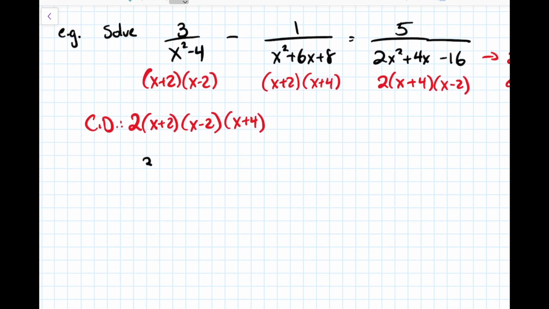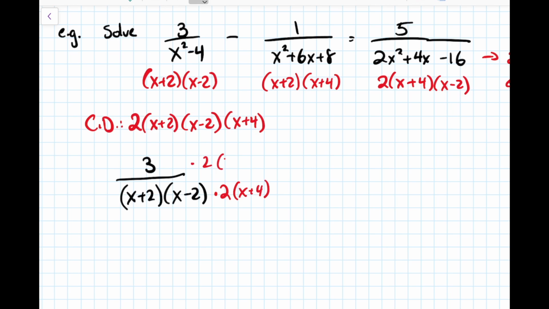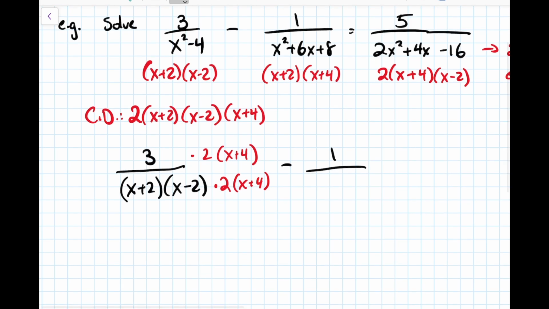From there, we're going to go to each of our fractions, and we're going to multiply them by whatever it is they're missing. So our first fraction is missing both the 2 and the x plus 4 from that common denominator. The second fraction is also missing the 2, but it's missing the x minus 2.